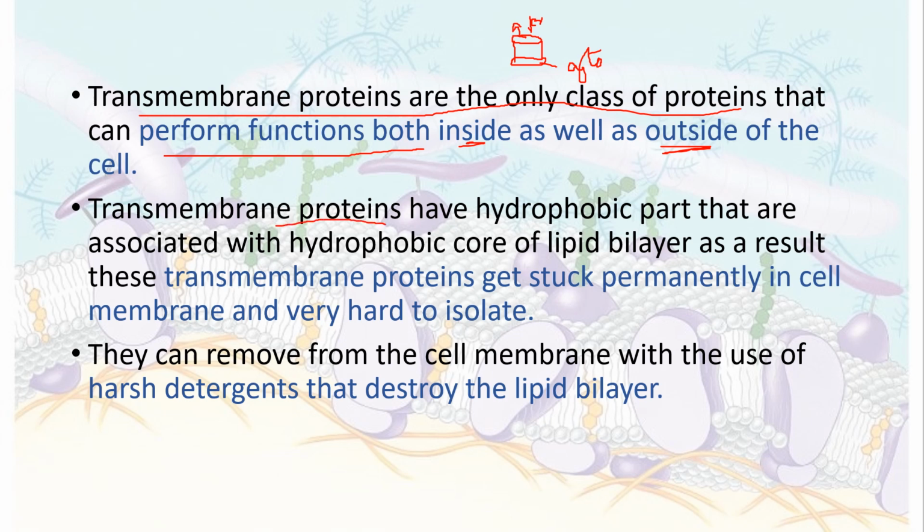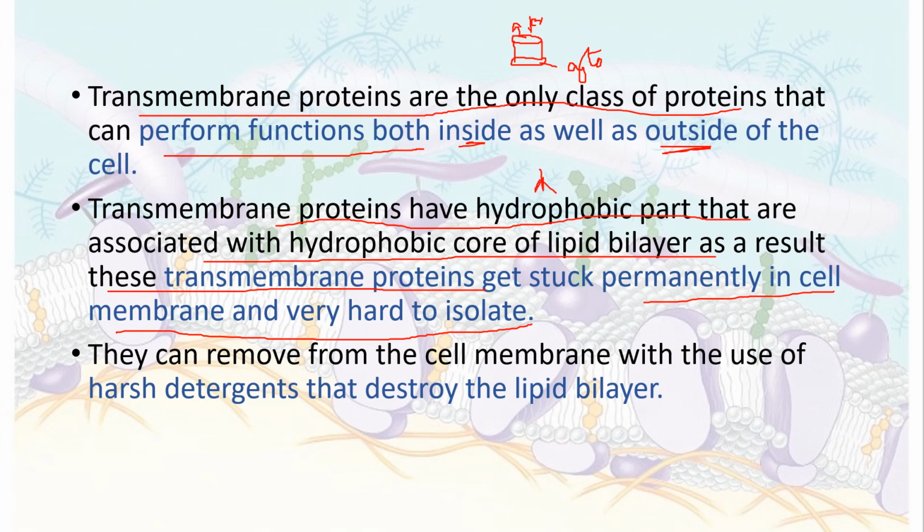The transmembrane proteins have hydrophobic parts that are associated with the hydrophobic core of the lipid bilayer. As a result, transmembrane proteins get stuck permanently in the cell membrane and are very hard to isolate.